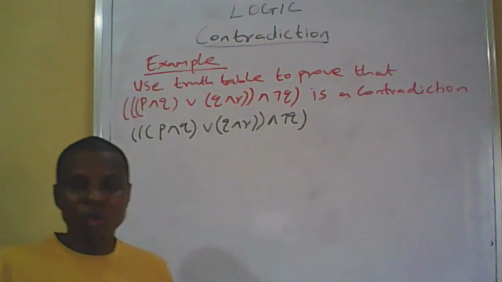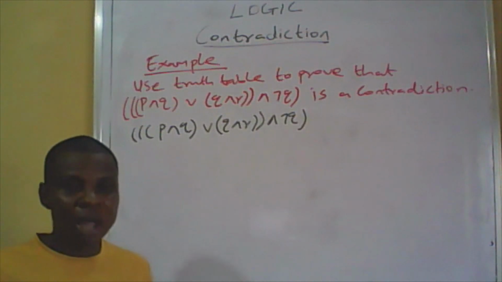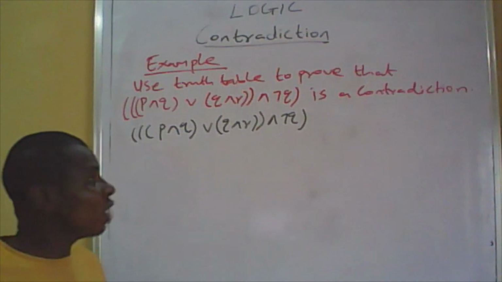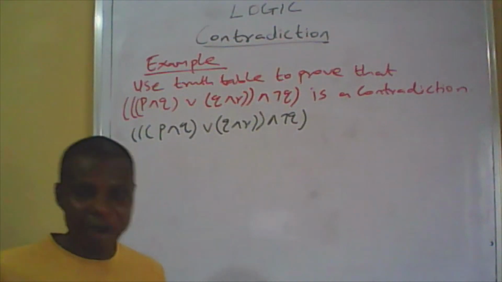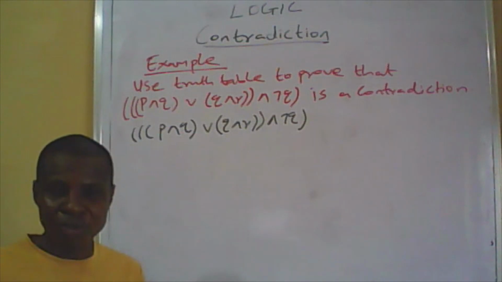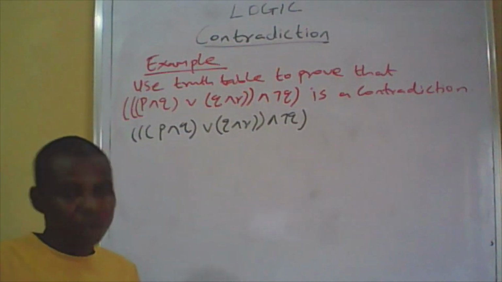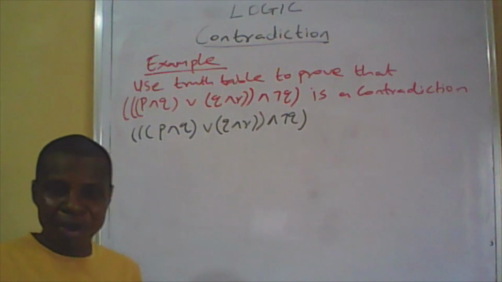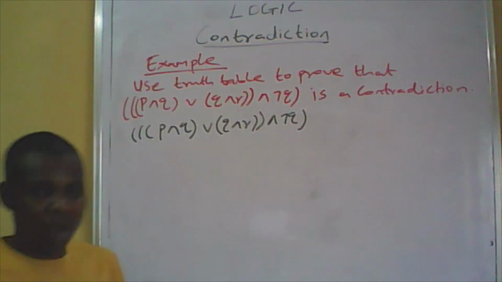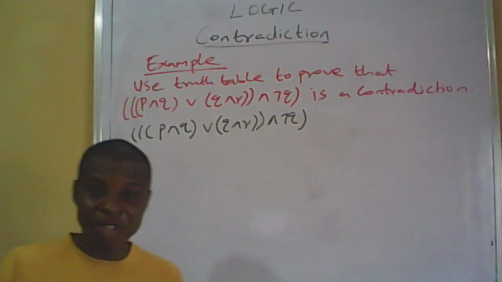You know how to determine our truth value combinations and how we can combine the truth values of simple statements. We have our numbers: 0, 1, 2, 3, 4, 5, 6, 100, 1,000, 10,000, 1 million, 1 billion, and so on.